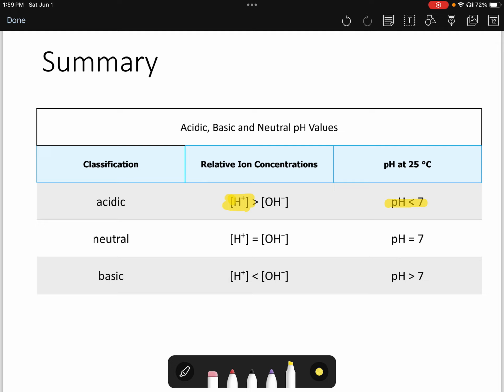If we have a neutral solution like water, the concentration of hydrogen ions should be equal to the concentration of hydroxide ions, and the pH should be exactly 7. And then if we have a basic solution, the hydroxide ion concentration will be much higher than the hydrogen ion concentration, and the pH will be greater than 7.